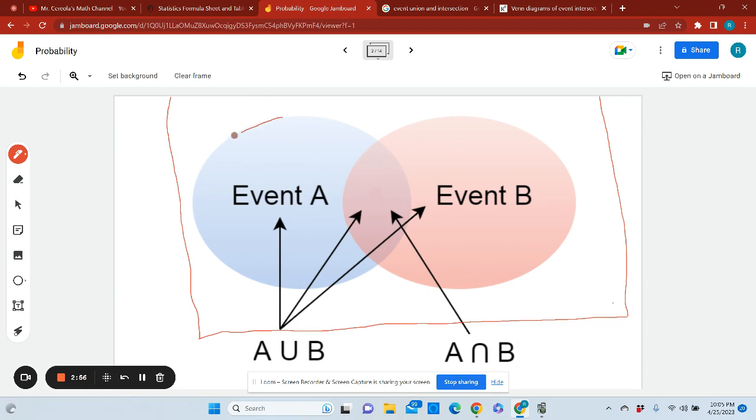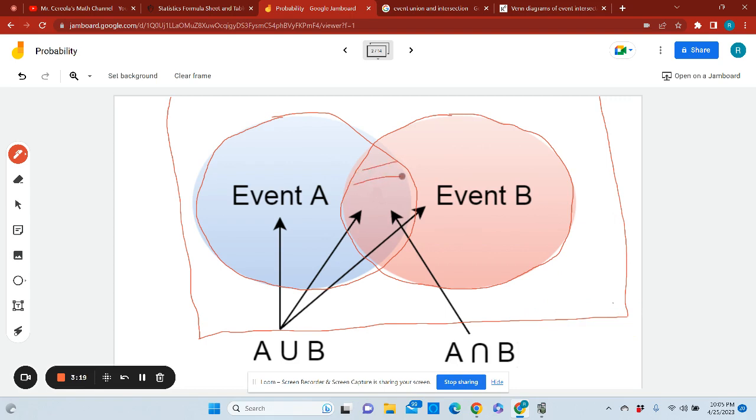So imagine, right, the area in this oval is going to represent the probability that event A can happen. The area in this oval is going to represent the probability that event B can happen, right? So the area in the outside is going to represent the area that neither A nor B happen.